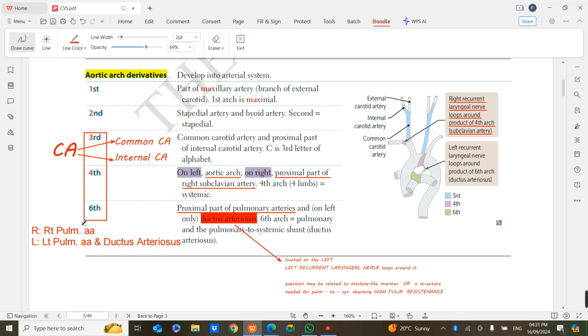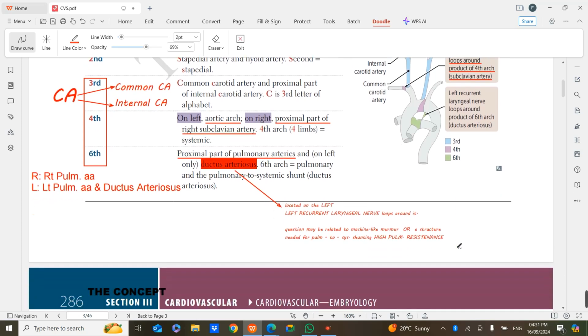What about the sixth? If you go into the exam and forget what we are going to say about the sixth, you must be a joker. And what is that? That is the proximal part of the pulmonary artery on the left, and also the ductus arteriosus. They love this ductus arteriosus a lot; you don't want to joke with it.